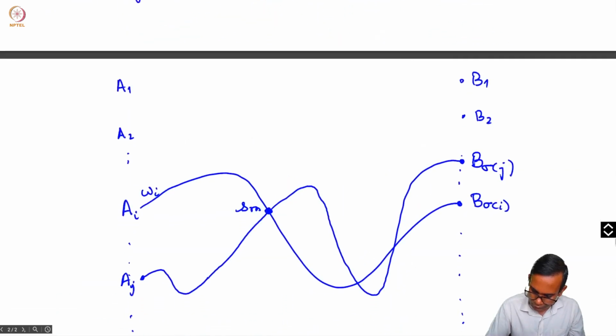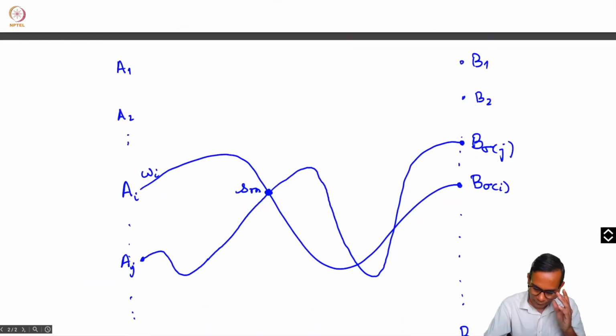In this picture, what I'm doing is I'm taking the first half of this path and then combining it with the second half of the path omega j. So this is the path omega j.